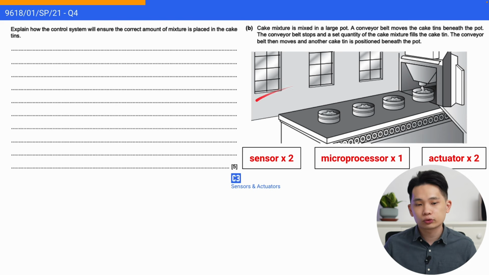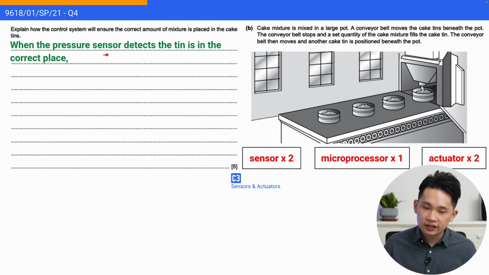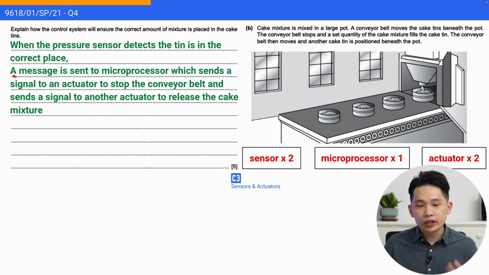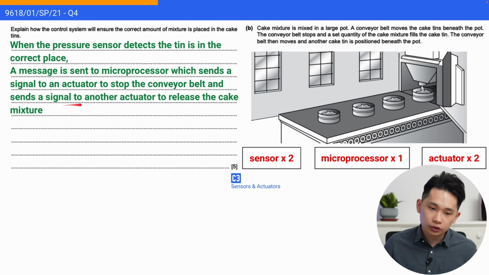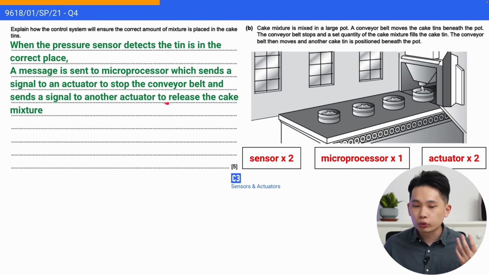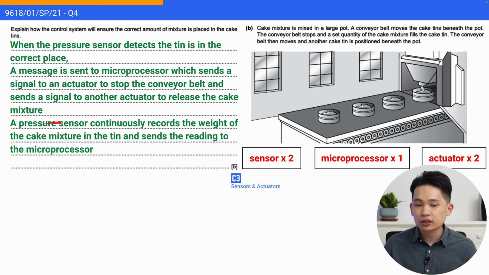So first of all, we can just write when the pressure sensor detects the tin is in the correct place, and then a message is sent to the microprocessor, which sends a signal to an actuator to stop the conveyor belt and sends a signal to another actuator to release the cake mixture. And then a pressure sensor continuously records the weight of the cake mixture in the tin and sends a reading to the microprocessor.